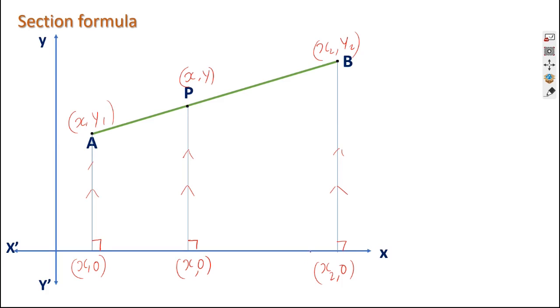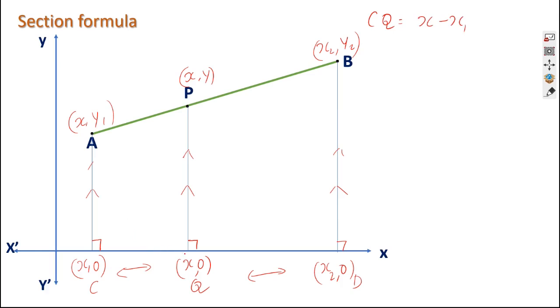I would like to name these points as A, B, C here, P and Q here, and B and D here. We have the coordinates of A, P, B, C, Q and D now, right? If you are asked to find the distance CQ or QD, it is very easy, because CQ will be equal to x minus x1.